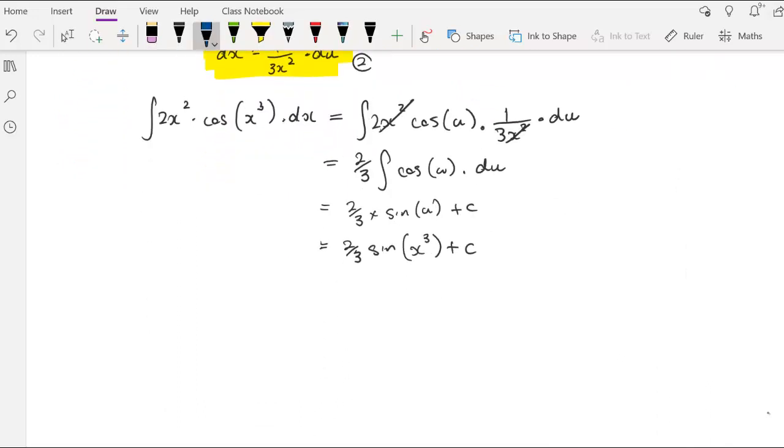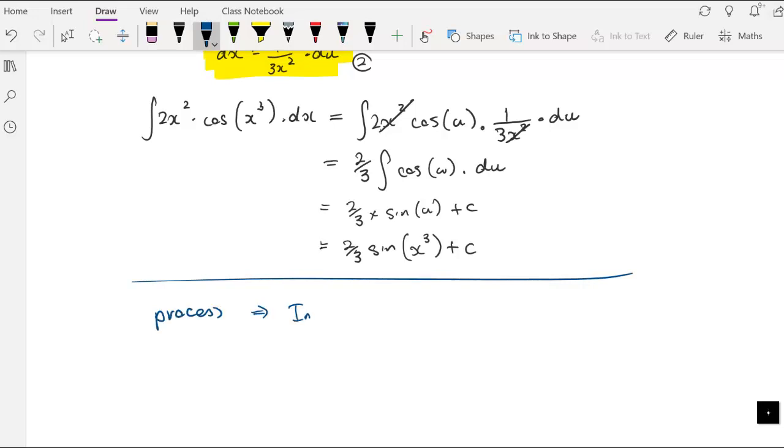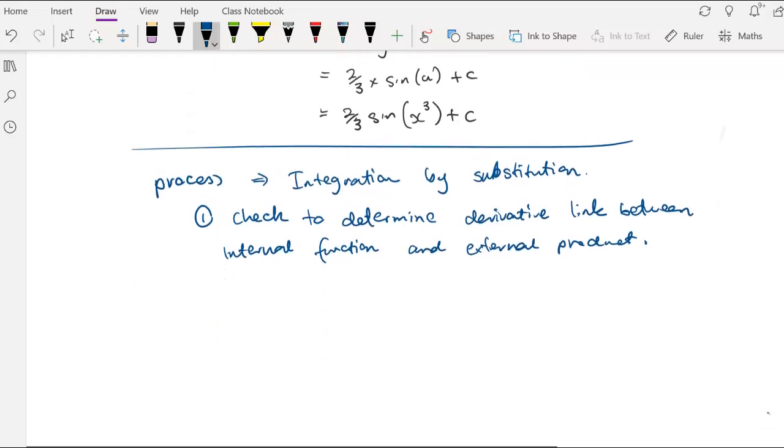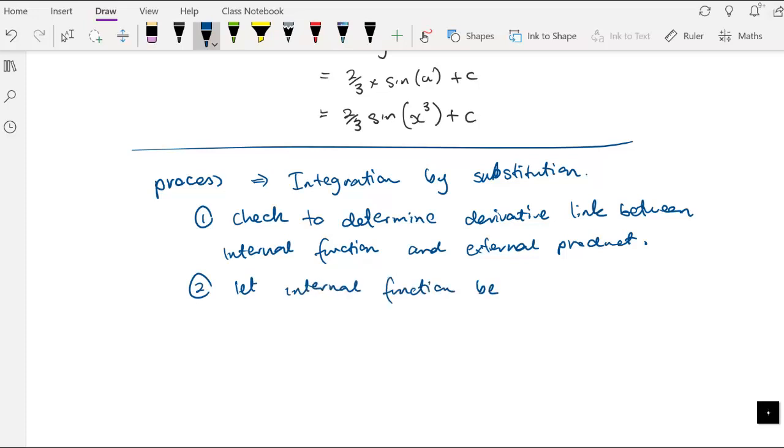So if we had to write this down as a number of steps, the process of integration by substitution: first step is check to determine a derivative link between the internal function and the external product. If you can do that, then you can probably proceed. Two is let the internal function be u.